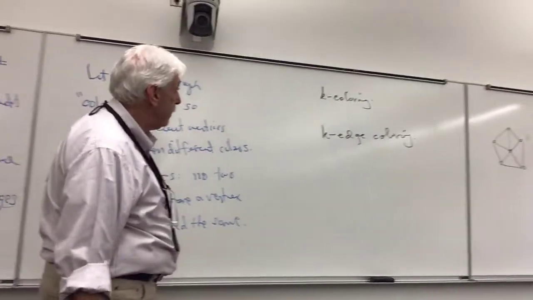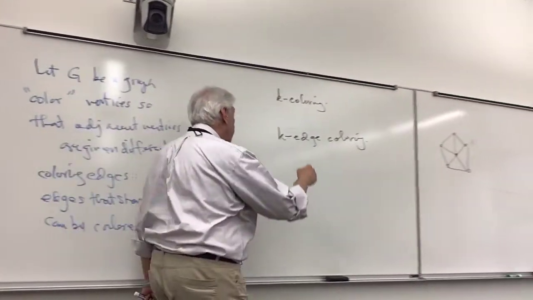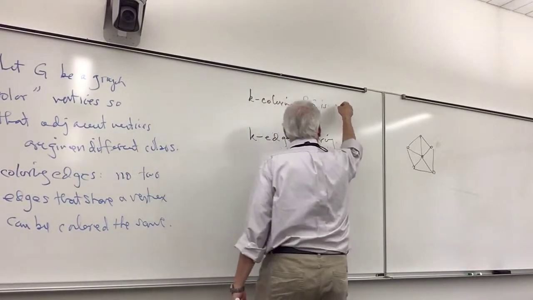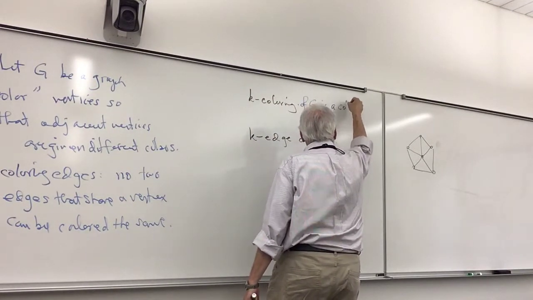definitions. A K coloring of G is a coloring.